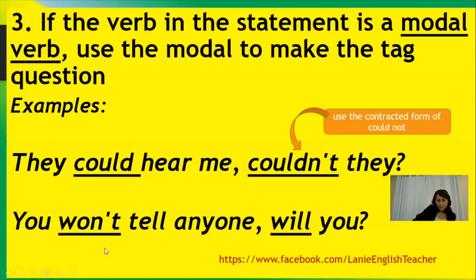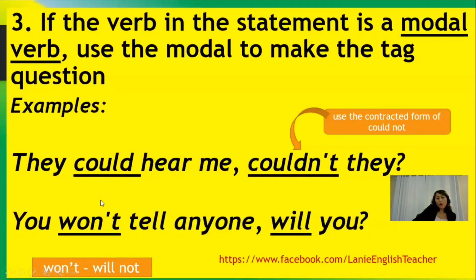Next example, you won't tell anyone, will you? Now, look at this statement. Is it negative or positive? By the way, won't here is a contracted form of will not. So again, is this a negative statement or positive? It is a negative statement because of the word not.